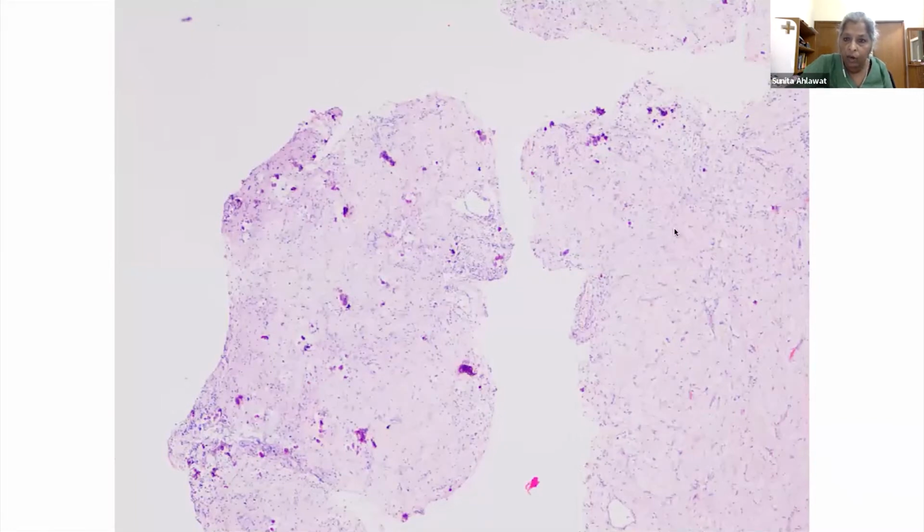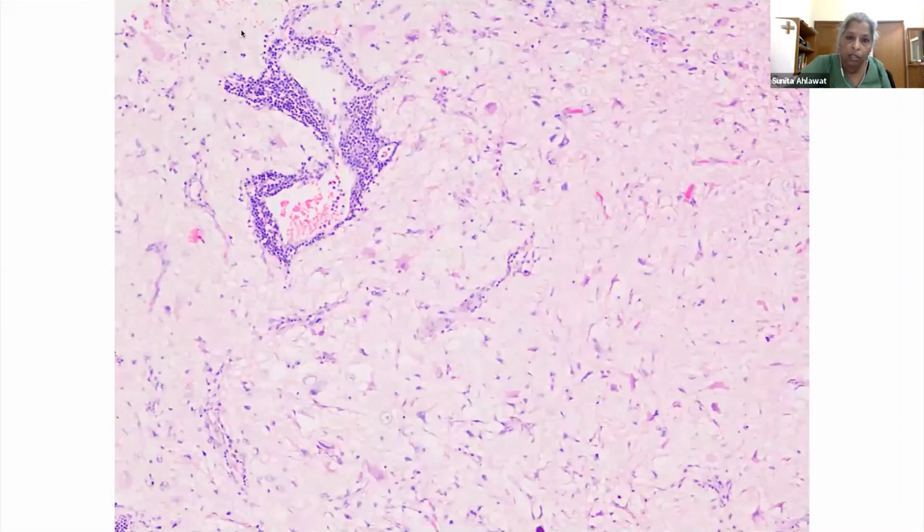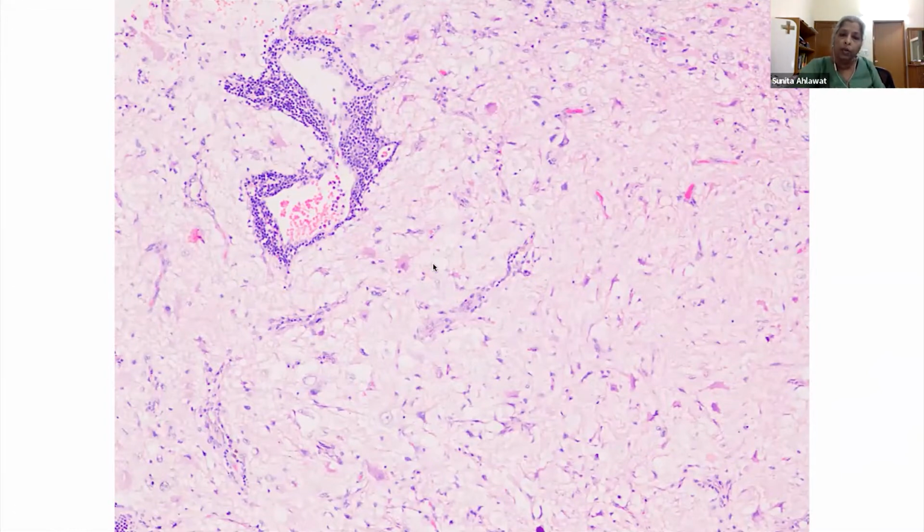A lot of these blue dots that you are seeing: this is a perivascular lymphocytic infiltrate, and lymphocytes are also seen scattered in the tumor. Then there are these bigger cells or ganglion-looking cells, and then there are these glial cells. These are glial cell clusters. So this is a glioneuronal tumor.